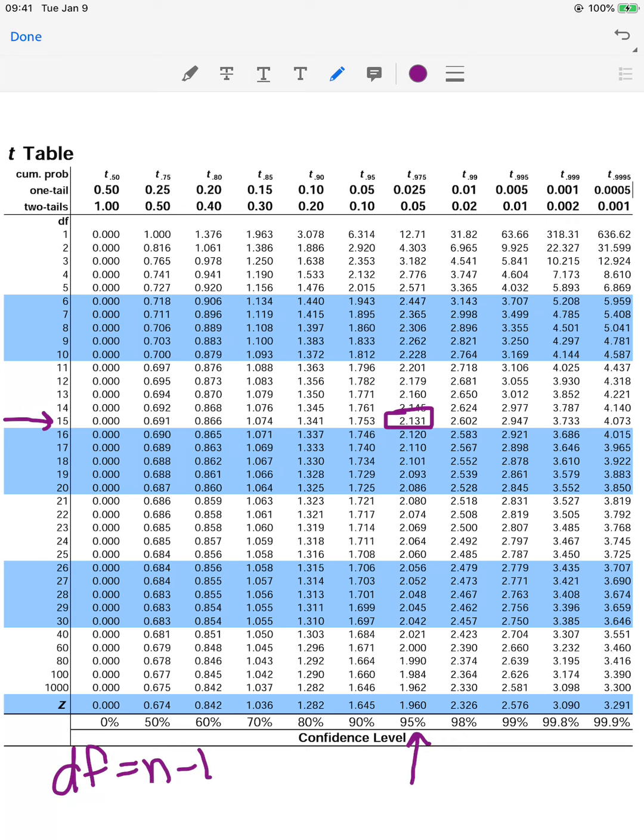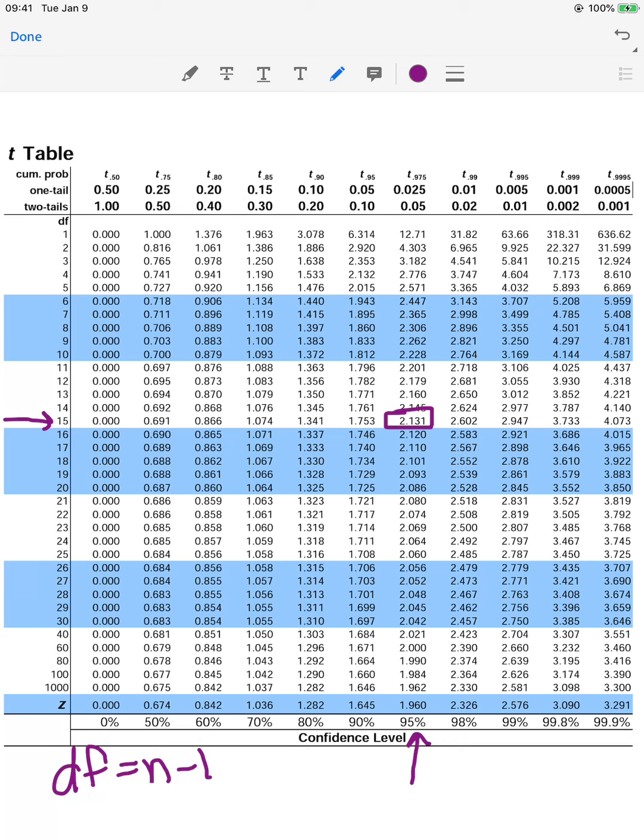This table does not contain the value for 499, so I would round down, always down, to the closest degrees of freedom that the table contains. So if I'm taking a sample of 500 people, rounding down, the closest degrees of freedom would be 100.